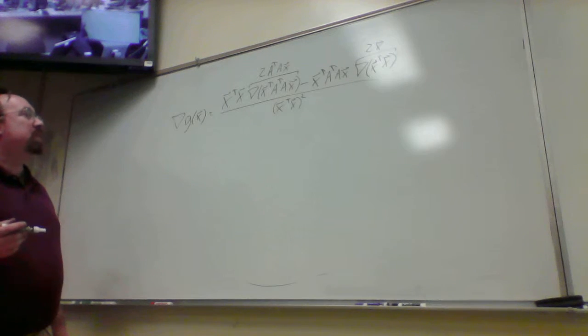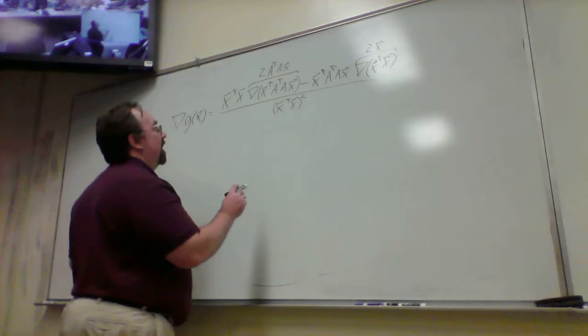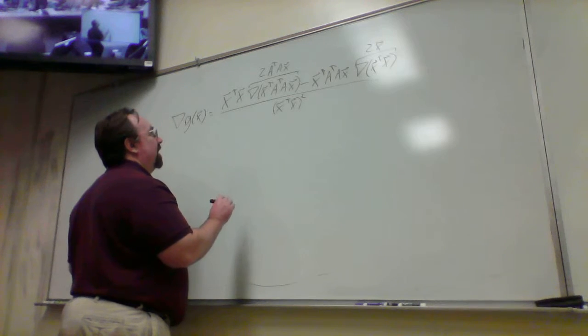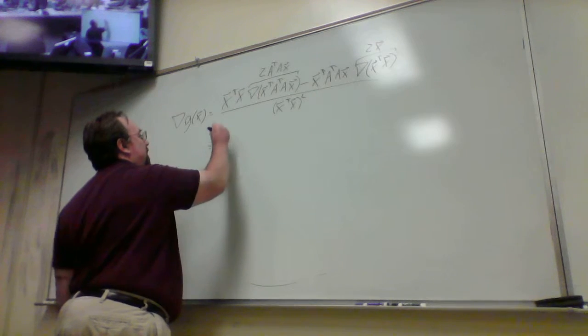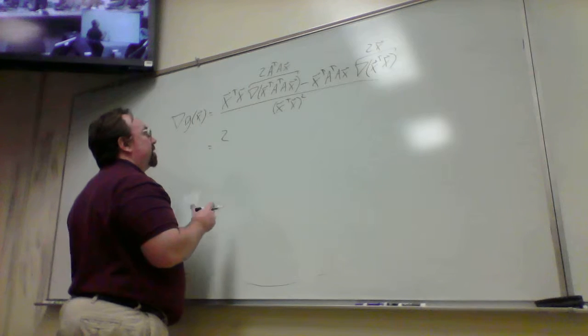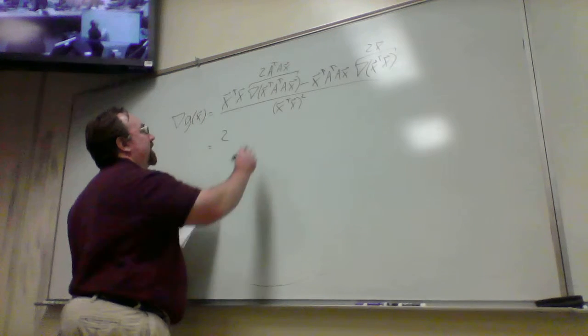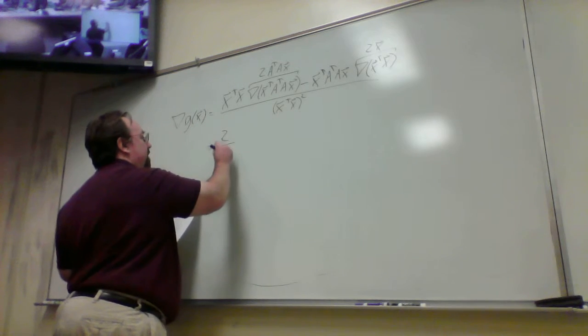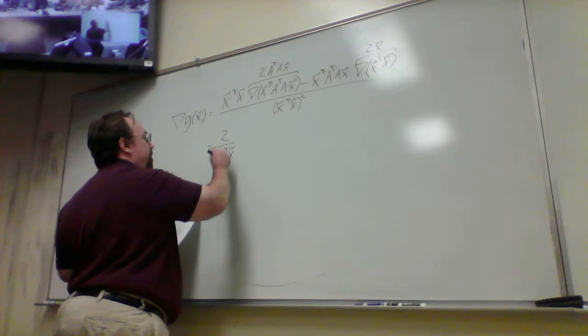So now if you combine all this, I'm going to factor out some things, because I can factor out a 2, and I can also factor out an x transpose x. So let's go ahead and pull that out.